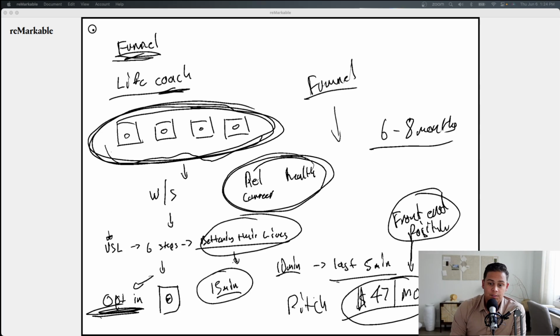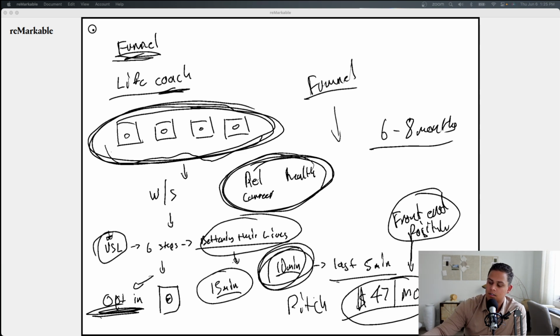We know the audience because they consume the content from her. And we were able to deliver a VSL that gave them tactical advice to solve the problems. And they saw so much value in the first 10 minutes that in the last 5 minutes, they decided to buy this at scale, meaning multiple people bought it, a couple hundred.